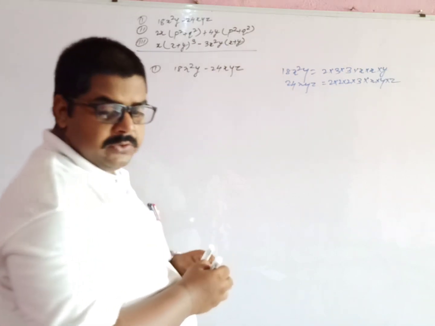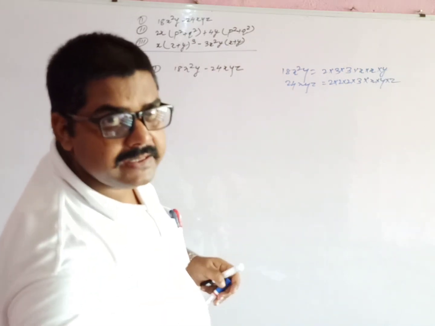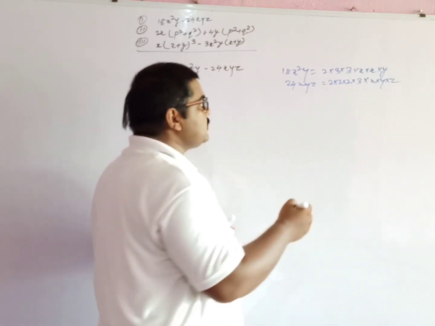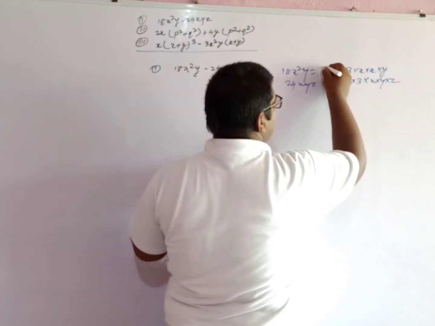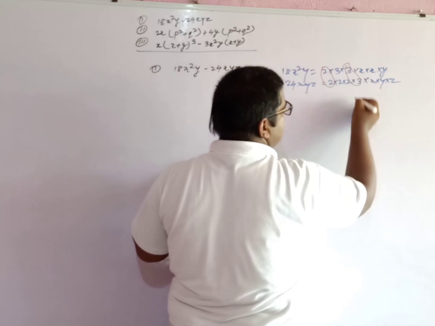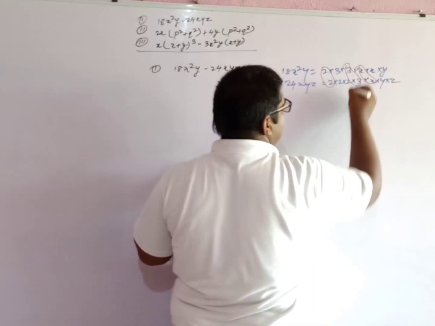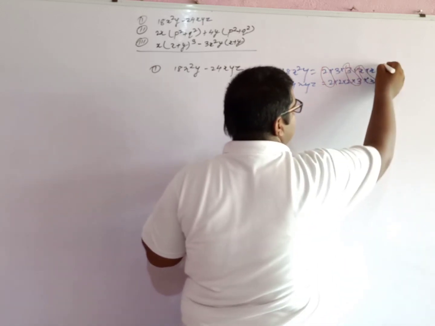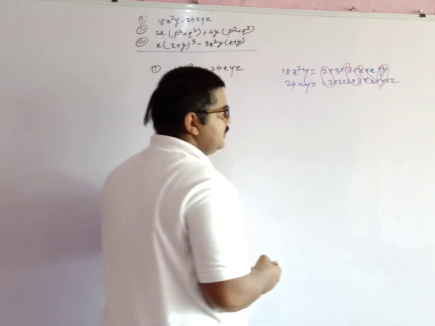In this question you have to select what is common in these two terms. 2 is common, 3 is common, x is common, and 1 y is common.